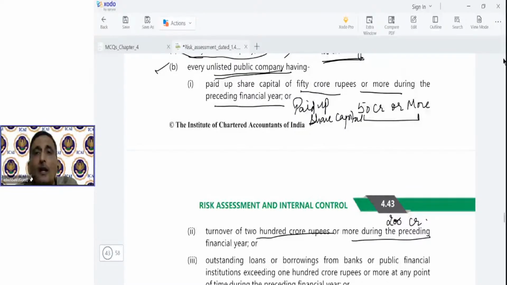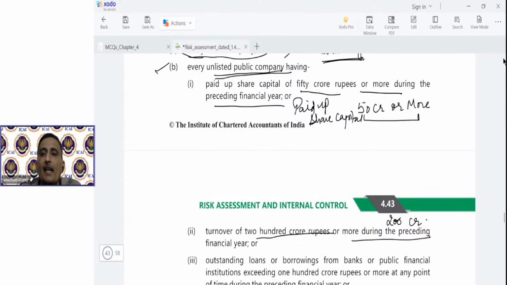Therefore the company would be required to appoint an internal auditor in the ensuing year, the financial year starting from 1st of April, because on 31st March it will come to know that its turnover has become 200 crores. Only then would the company be liable to appoint an internal auditor, and then these law conditions would come into play. Okay.